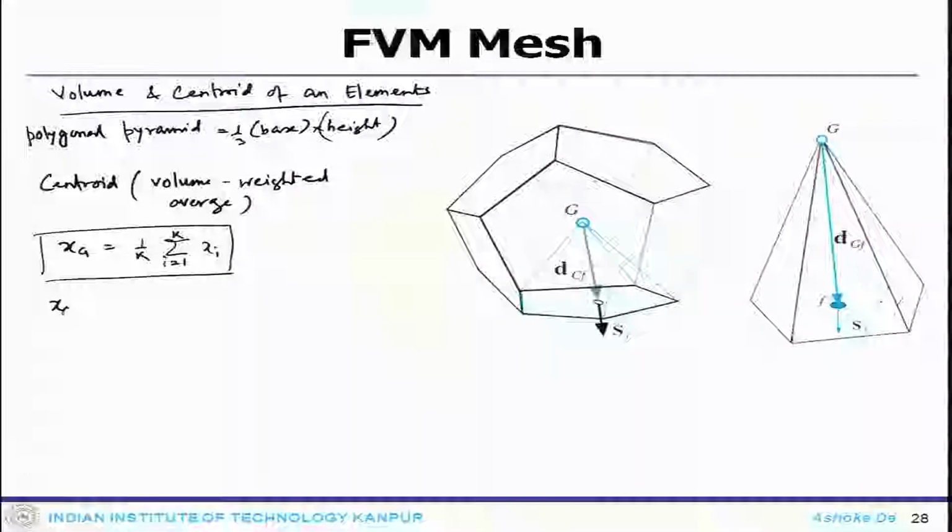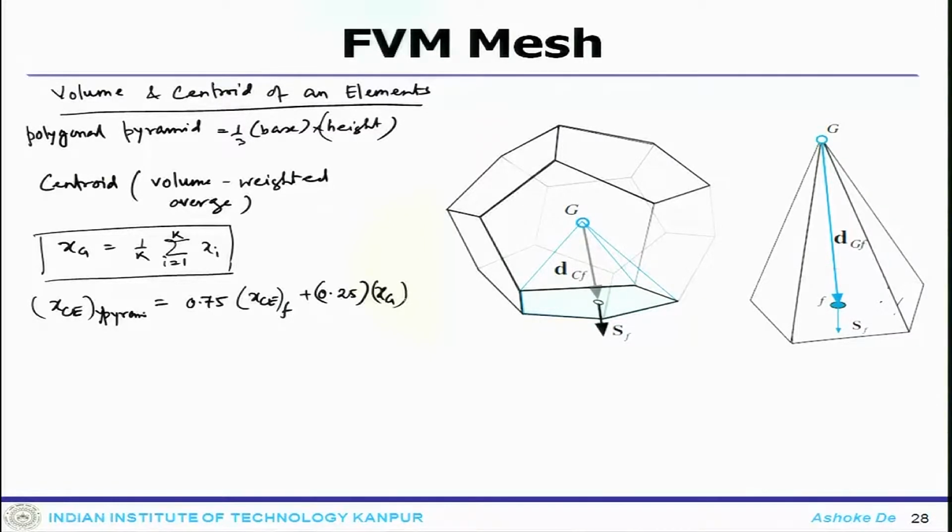So, the XCE for the pyramid is 0.75 into XCEF plus 0.25 into XG of the pyramid, and the volume of the pyramid would be d gf dot sf by 3.